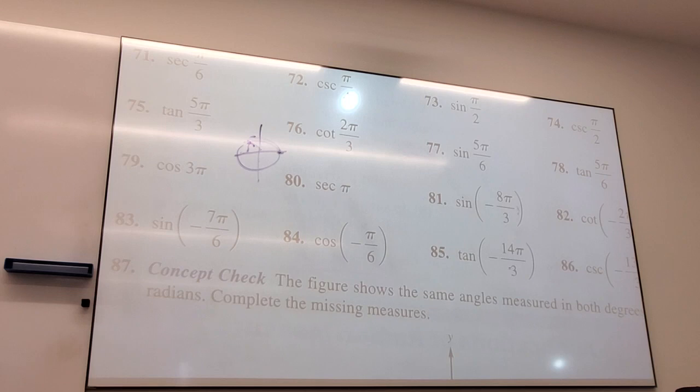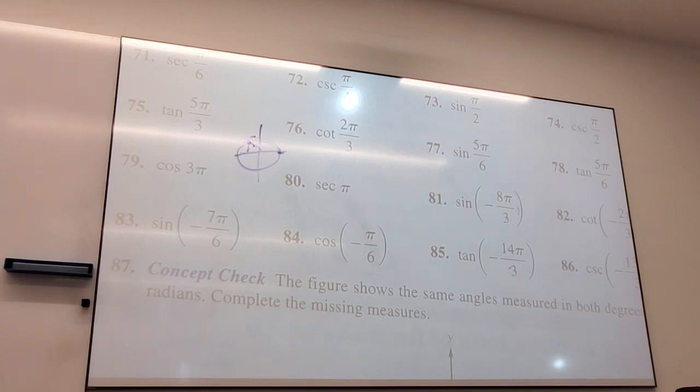Would they ever give us any graphs that aren't on the table? Not if they're supposed to be done by hand. I could give you problems and say use your calculator to determine what the cosine of 11 radians is. 11 radians is not related to any angle we're supposed to know anything about.